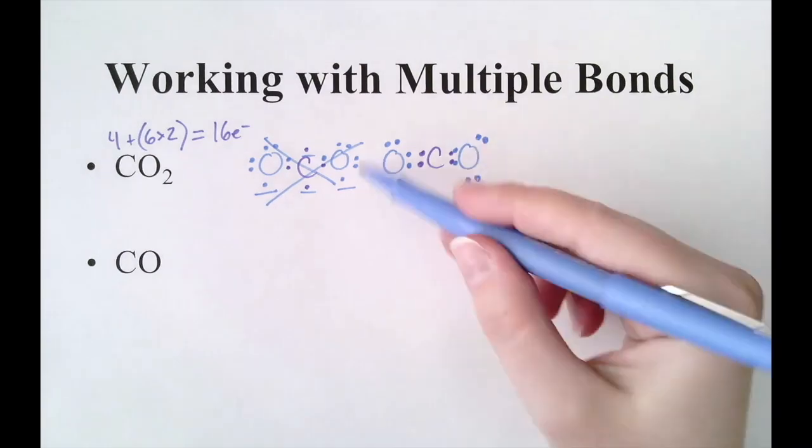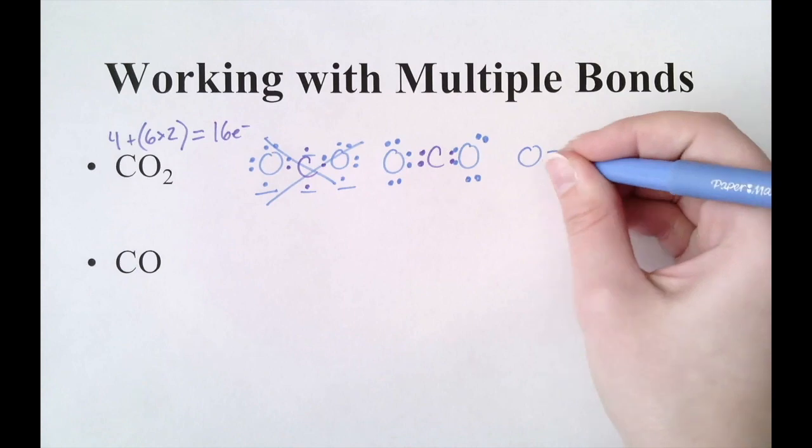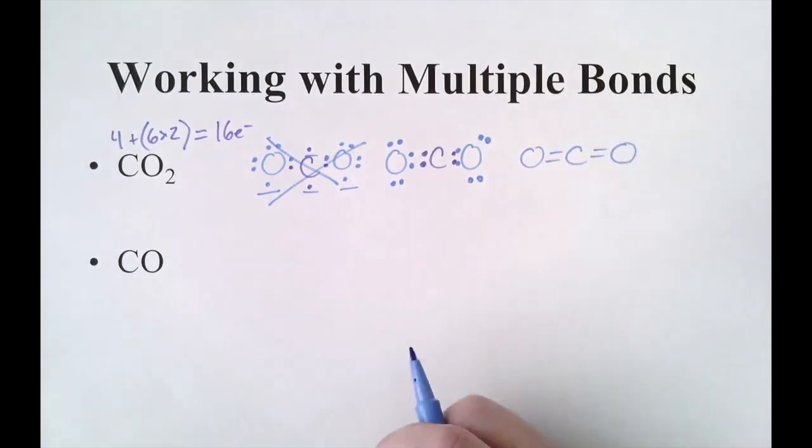And so this is what your accurate Lewis dot structure should look like. The structural formula for carbon dioxide would look like so.